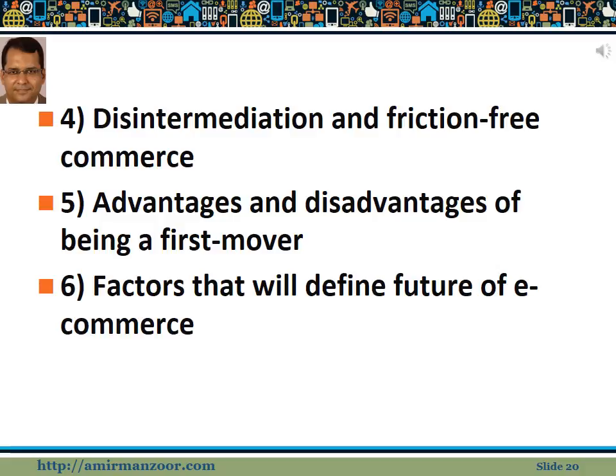The second factor is price. Prices will rise to cover the real costs of doing business on the web and to pay investors a reasonable rate of return on their capital. The third factor is margins and profits. E-commerce margins and profits will rise to the level of traditional retailers. The difference between revenues from sales and cost of goods sold will be equal to that of traditional firms.